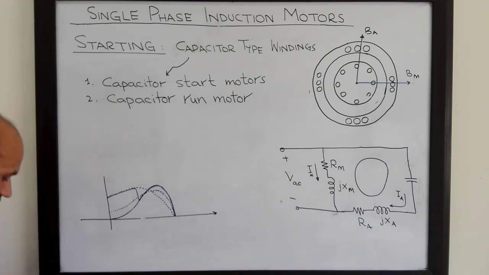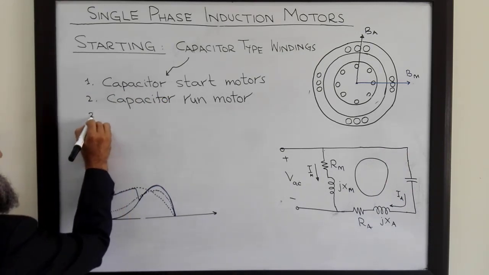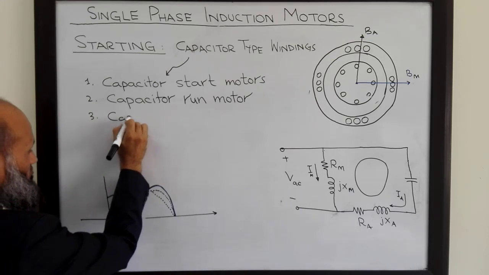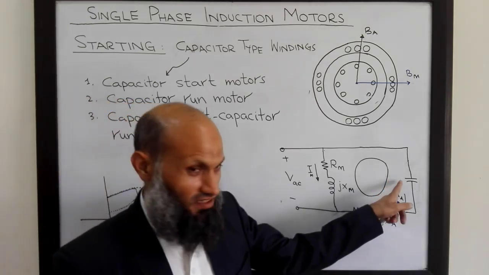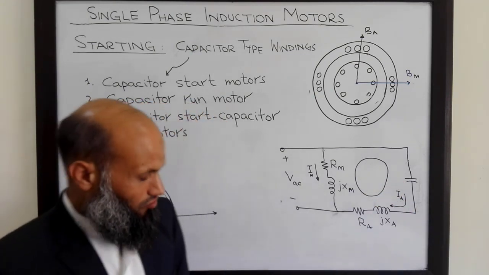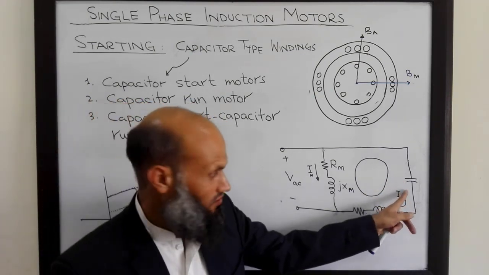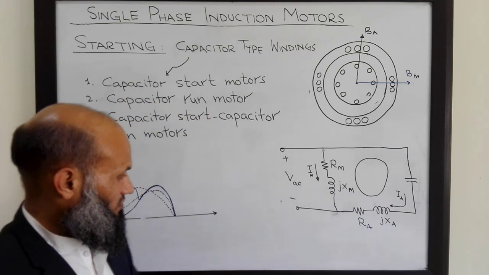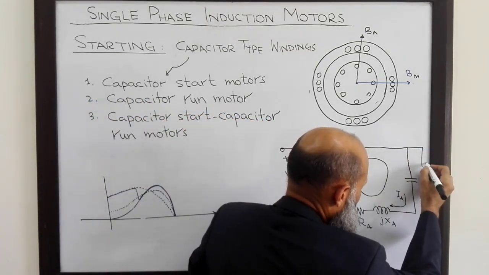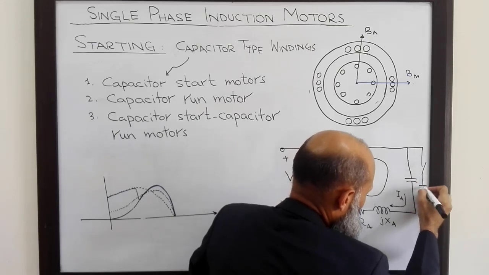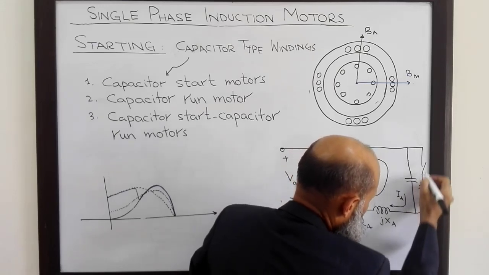The third possibility is that we can have capacitor-start and capacitor-run motors. That is, we have two capacitors in the circuit. One capacitor is always there, and the other capacitor is only there during the starting time.